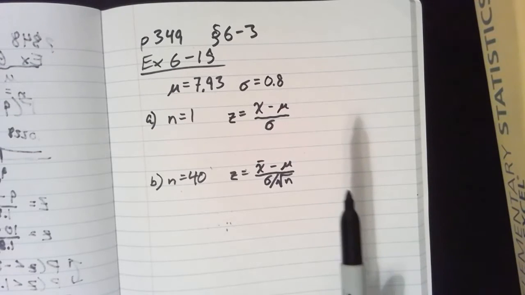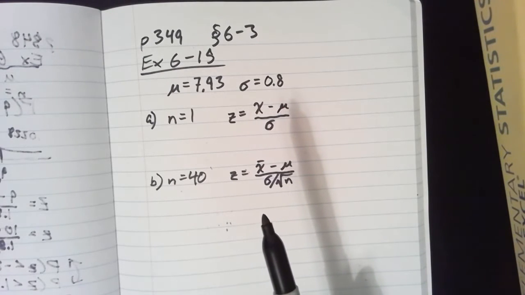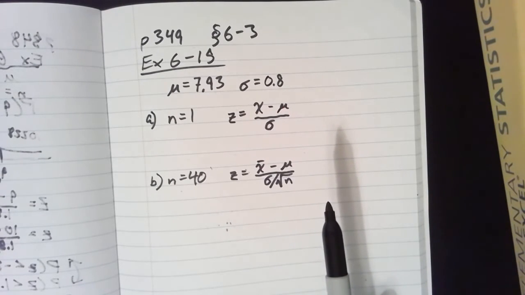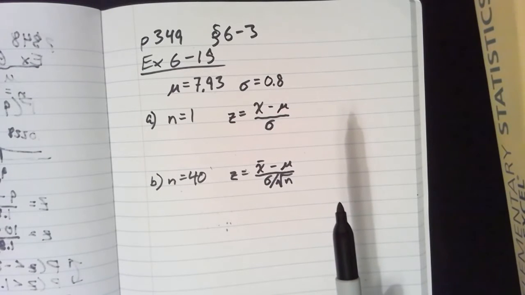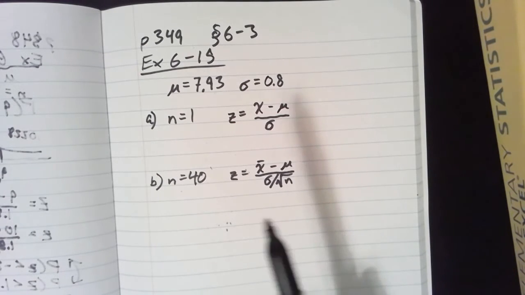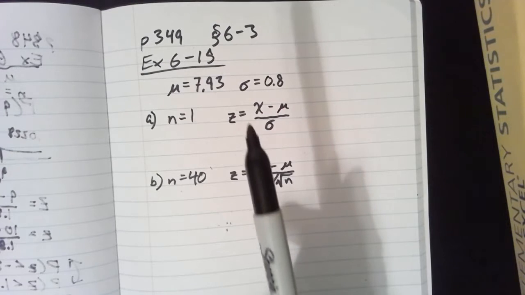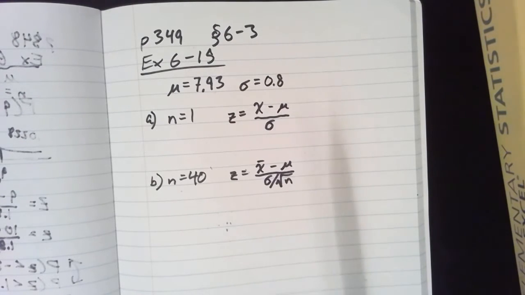Or if we take a whole group of 40 people, would they have a higher likelihood of working fewer than 8 hours? That's just over the average. So you would expect the probability for both of these to be right around 50%. But we'll pause there and come back and see the difference in terms of doing the problem.